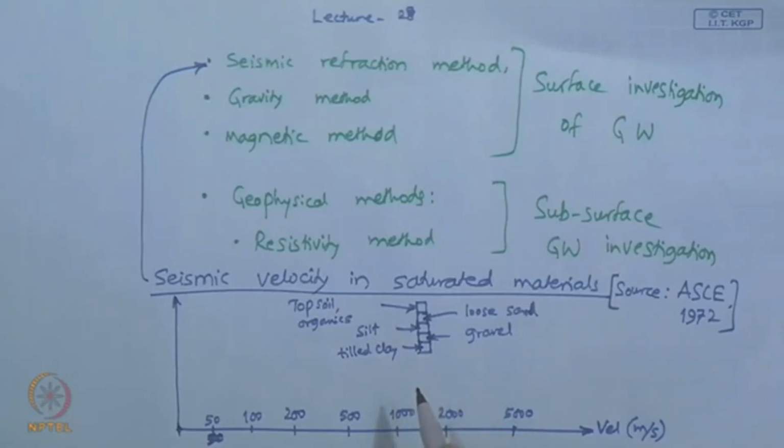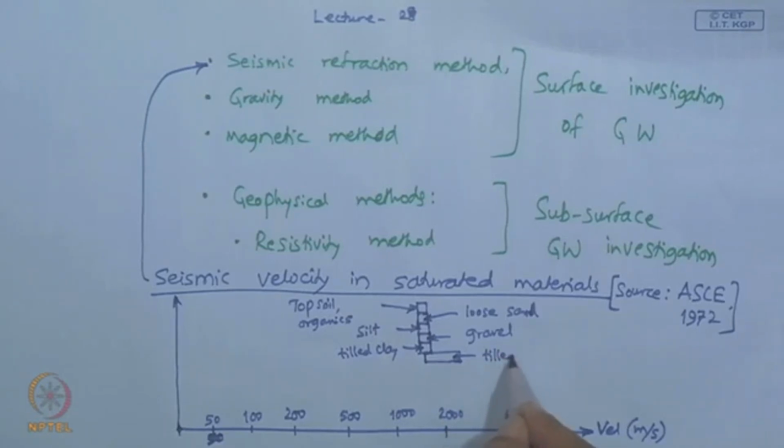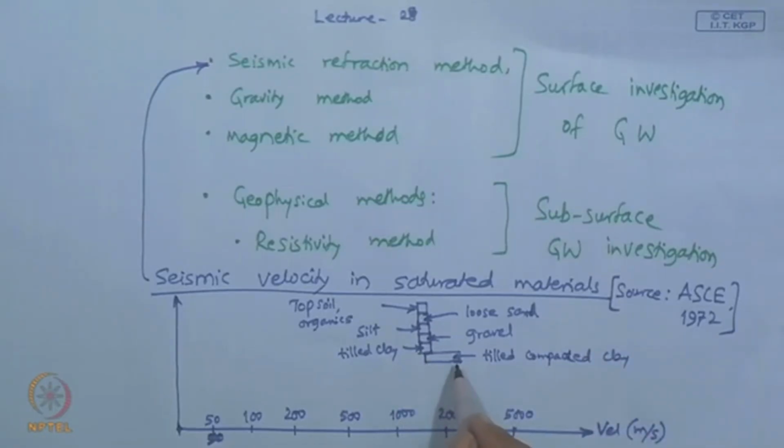This compacted tilled clay will have a slightly higher range, it exceeds 2000, then followed by sandstone.